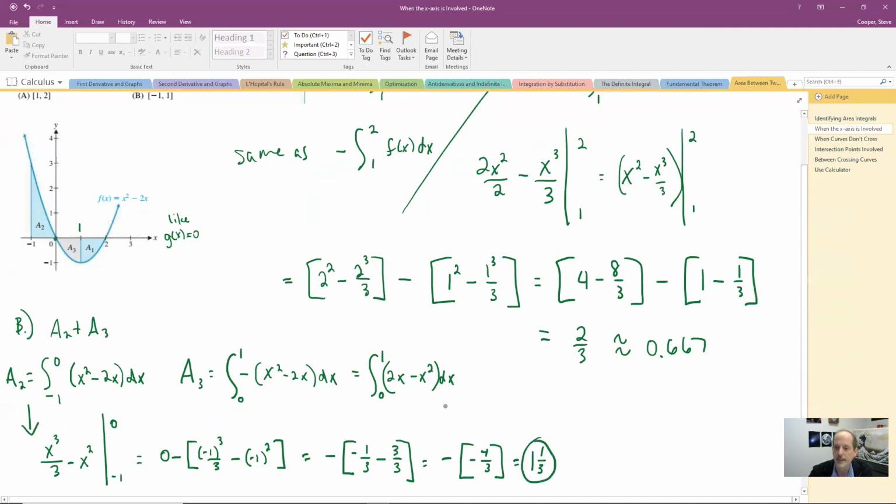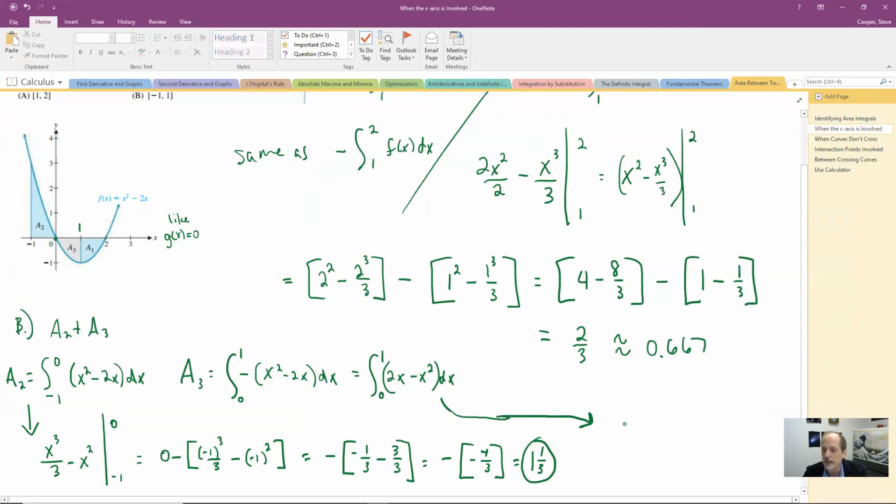Now for A3, got a real estate problem here, which is this. We already simplified that. Okay, so that's going to be the other way around.